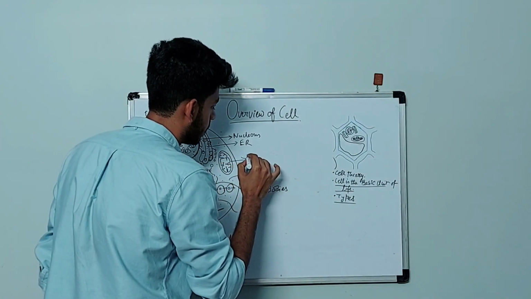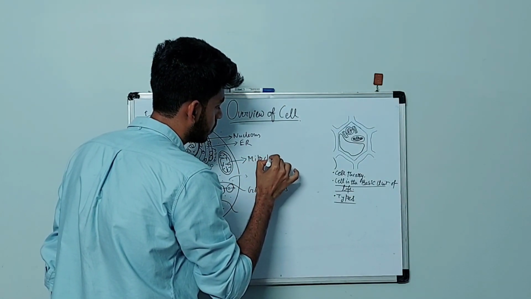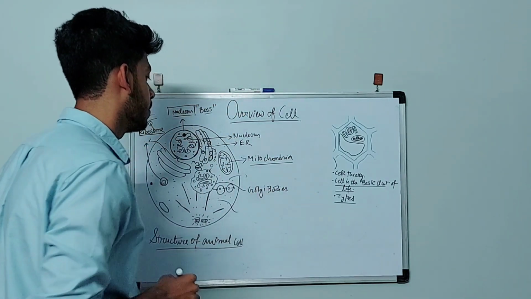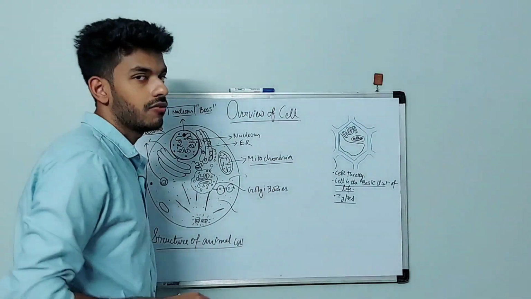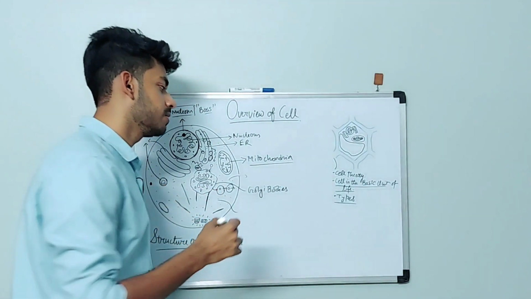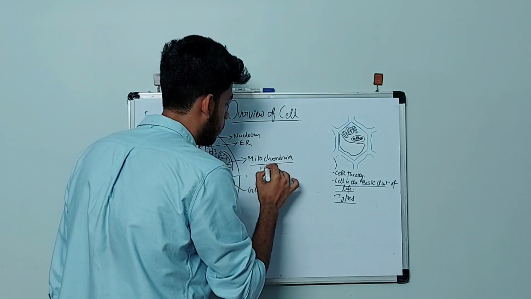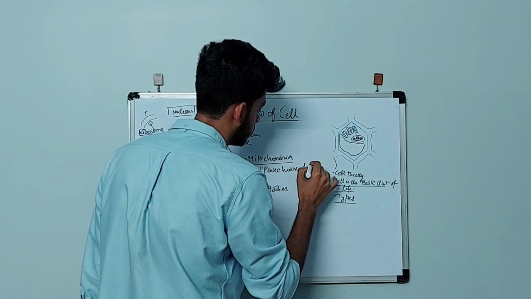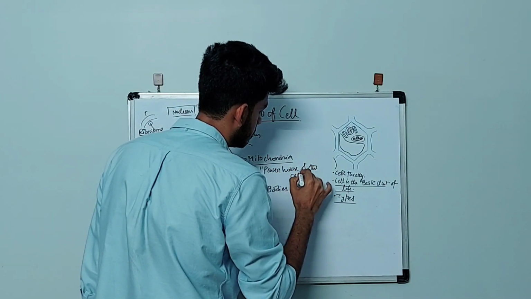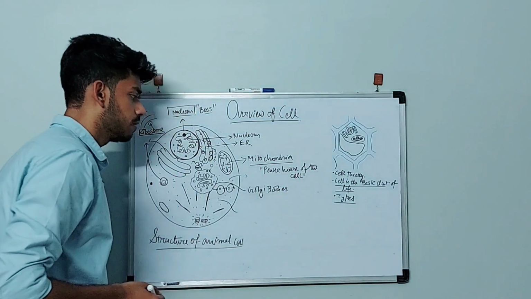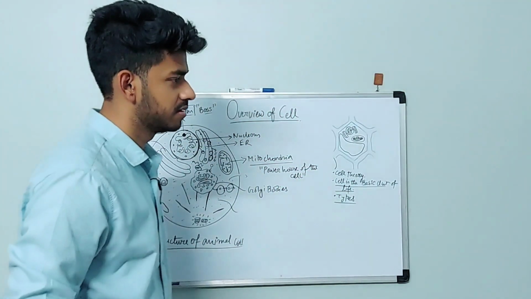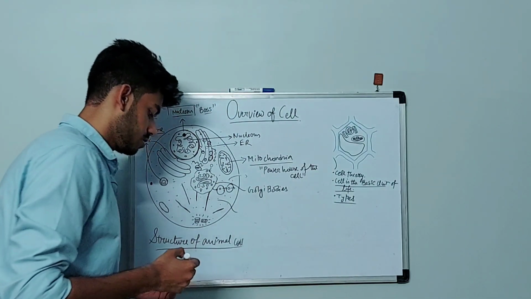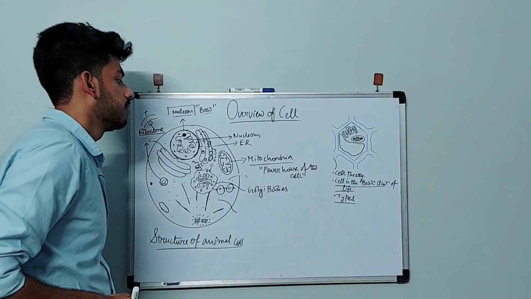This organelle is called mitochondria. What is mitochondria? I think everyone should know that mitochondria is called the powerhouse of the cell. Why is it called the powerhouse of the cell? That is one of your assignments, if possible do it, but I can simplify it for you.